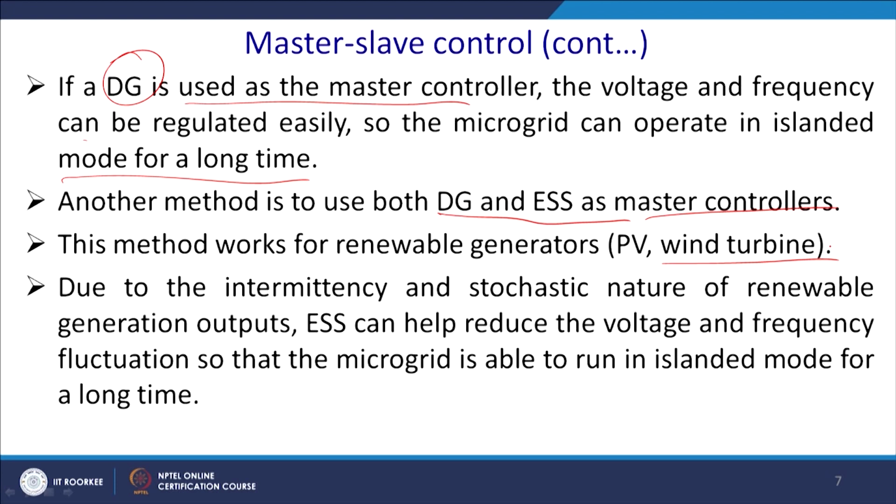Due to the intermittency and stochastic nature of renewable generation output, ESS can help to reduce the voltage and frequency fluctuations, so that the microgrid is able to run in islanding mode for a long time. So, that is the desirable feature, and many microgrids follow and have adopted that aspect.